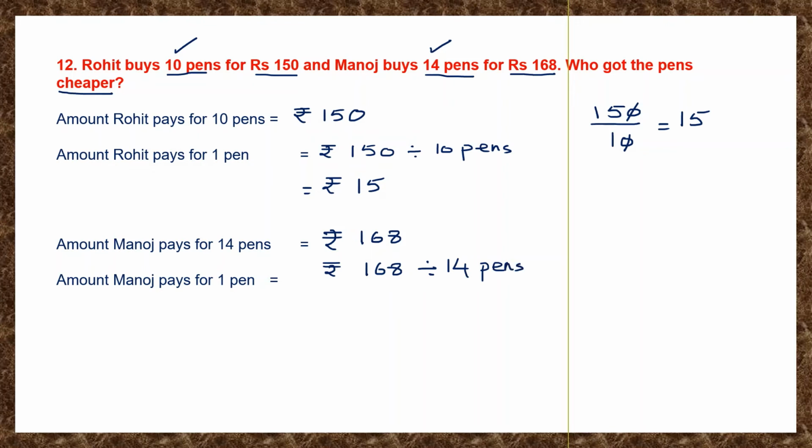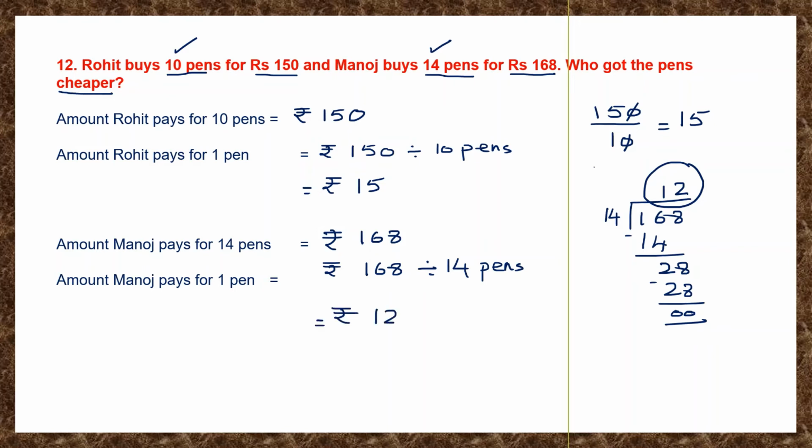Let's do this division. 168 divided by 14 will be 14 ones are 14, minus 2, you bring down 8, I have 28 now. 14 twos are 28. So now we've got our answer as 12. That means Manoj spent 12 rupees for 1 pen.